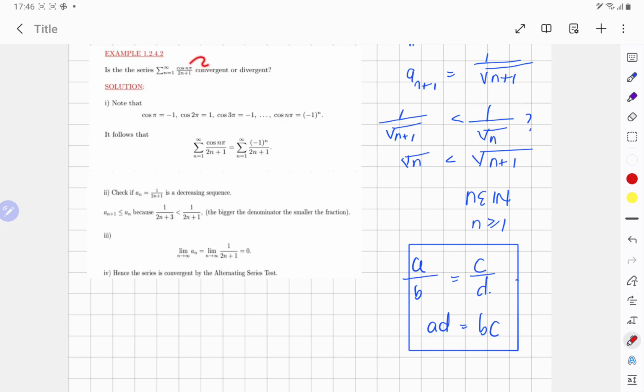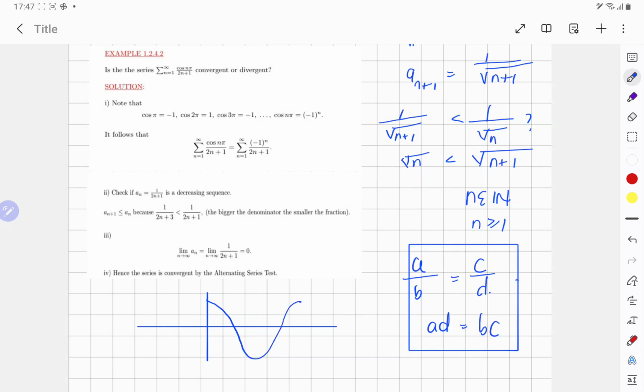Students see this and immediately start with the divergence test, because I've mentioned you must do the steps. But I want you to remember for the remainder of this year, it's going to come up often, even when we do Fourier series later in the year, that cos(n pi) is always (-1)^n. Why? Let's check this out.